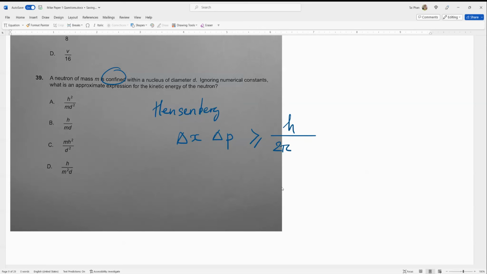Let me check that formula again. Heisenberg uncertainty principle. Topic 12. It's h over 4 pi.